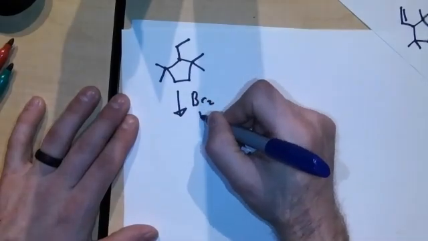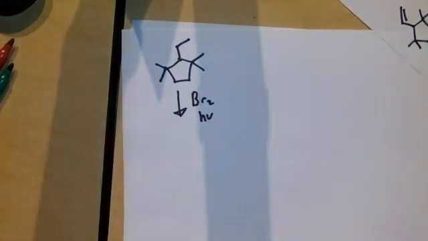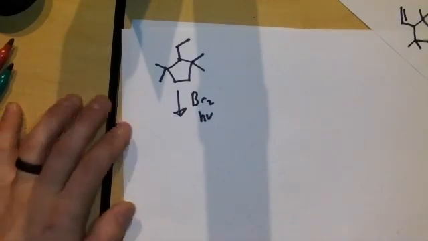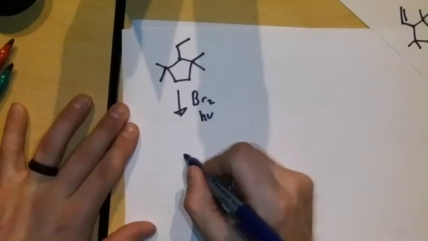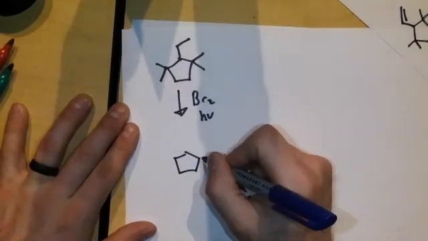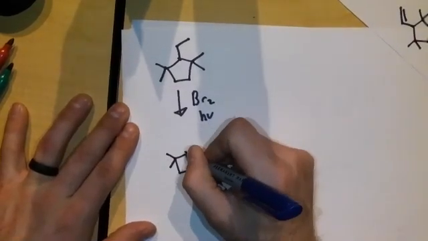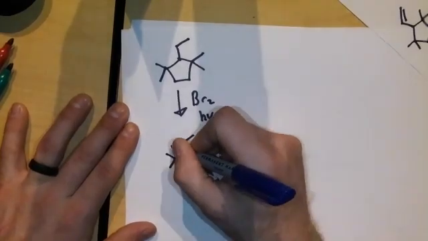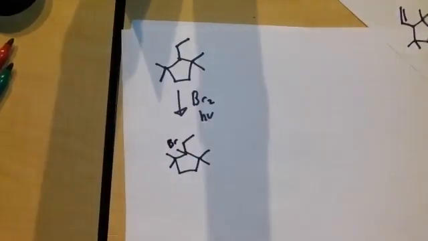This is generally a pretty good starting point if you're ever lost and you have nothing on your molecule. Throwing in Br2 in light will get you to brominate at your most substituted center, excluding these quaternary centers. We can throw a Br on here, and now we're working towards something.